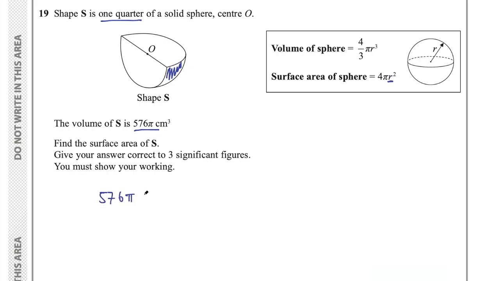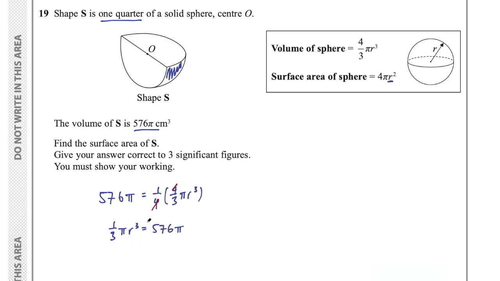576 pi is equal to 1/4 of the volume of a sphere. So 1/4 of 4/3 pi r cubed. Okay, so here if we multiply these out, those 4's will cancel out. So then we can say that we'll have 1/3 pi r cubed equal to 576 pi.